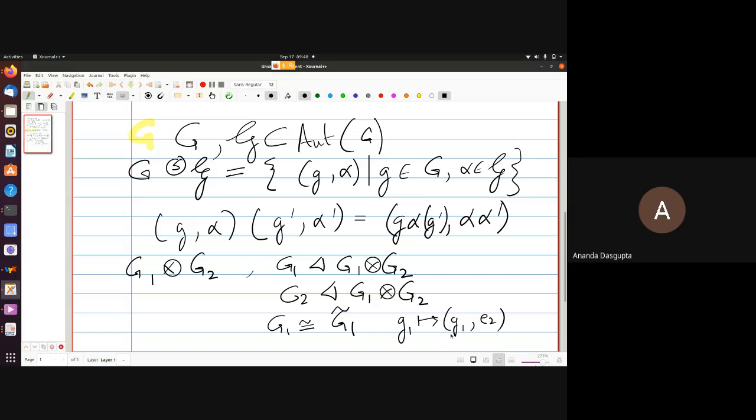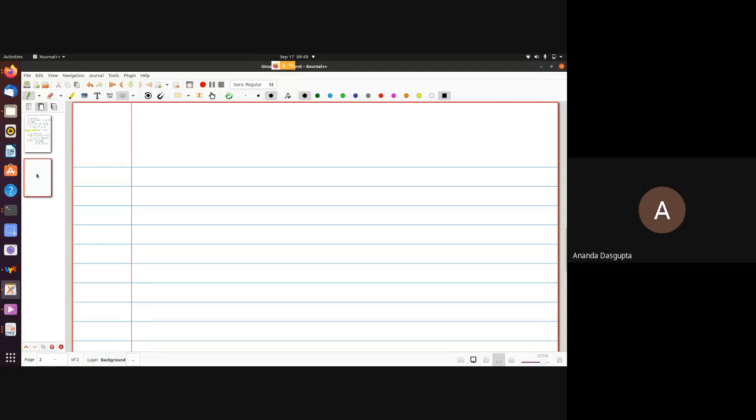But what we did in the theorem was work backwards. Suppose I have a group. It's not that I have two groups and I have taken the direct product to get this new group. I already have a group. The question was, can I actually figure out from the group structure itself whether this group can be written down as a direct product?